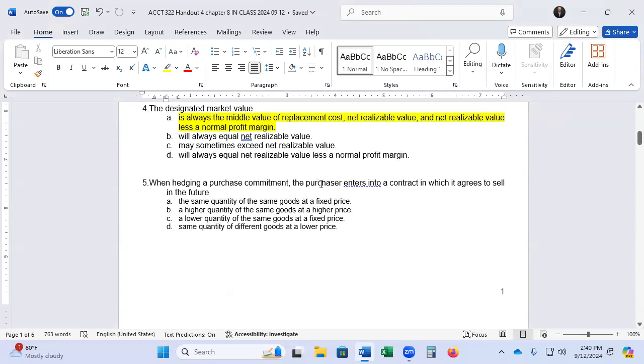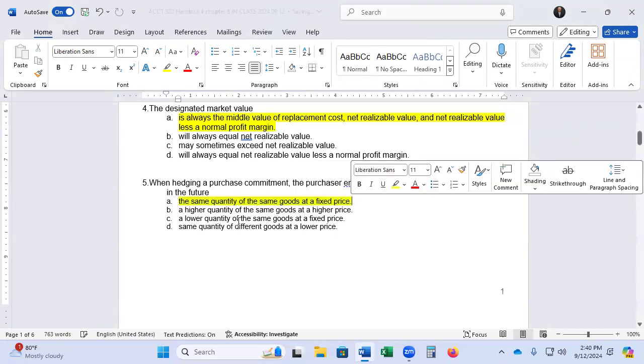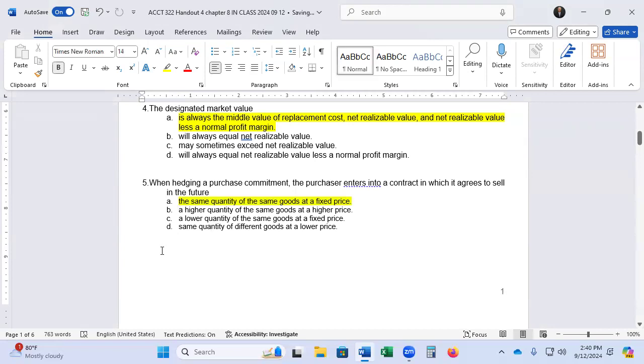When hedging a purchase commitment, the purchaser enters into a contract which agrees to sell in the future the same quantity of goods at a fixed price. So hedging is pretty complicated. Just know, essentially the goal in hedging is to reduce your risk.